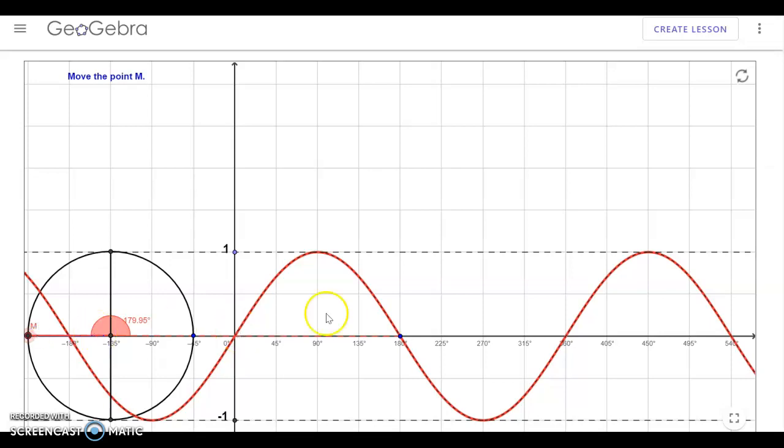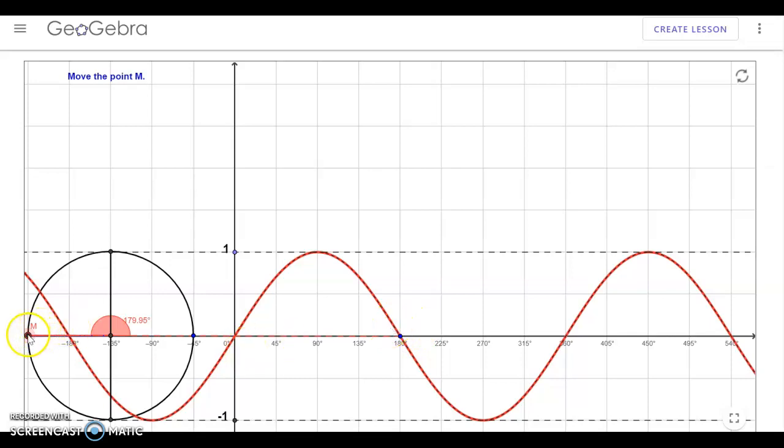It's very particular. But we're at 180. Remembering x-coordinate is cos, y-coordinate is sine, we want the y-coordinate. Our point is sitting at minus 1, 0. So at 180 degrees, our y value is 0. On the sine curve, our y value is 0.